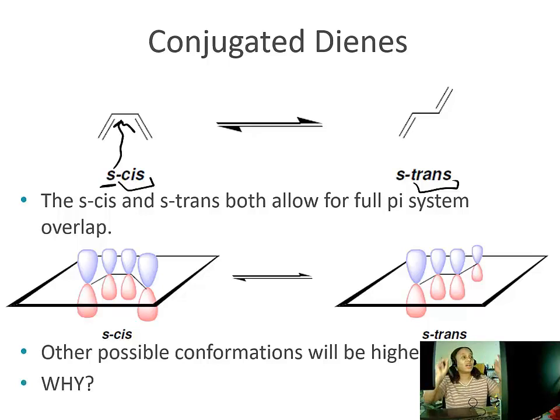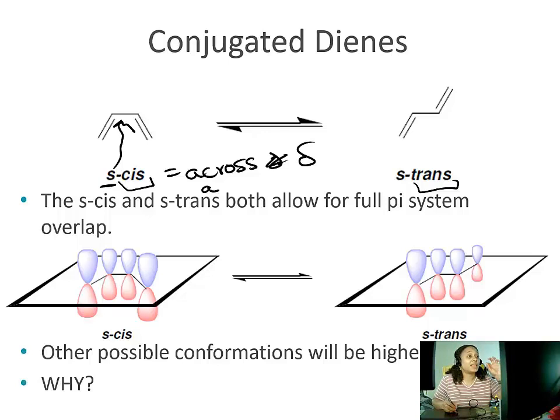So the definition of S-cis means that across the sigma bond, the double bonds are on the same side.